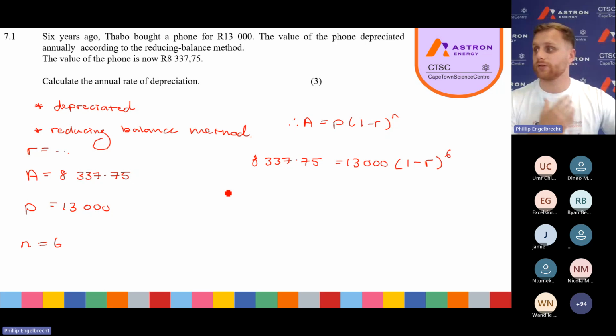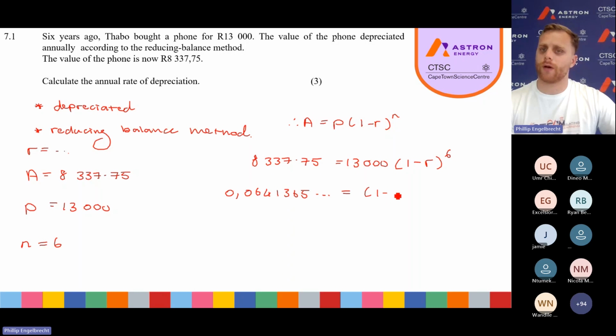So what I do now, I divide both sides by 13,000 and I get that 0.0641365 is equal to (1 - R)^6. Then what I do is I take the 6th root of both sides, and I get that 1 - R is equal to 0.8008 recurring.